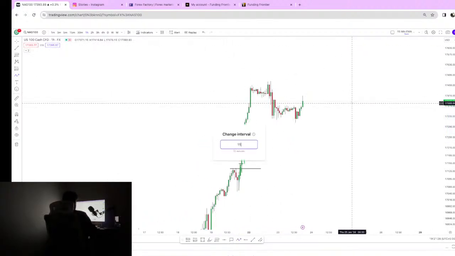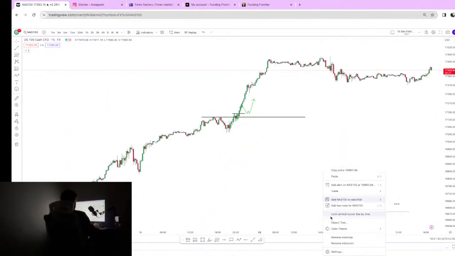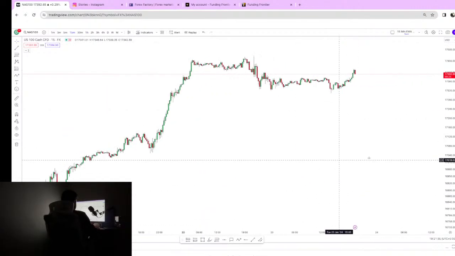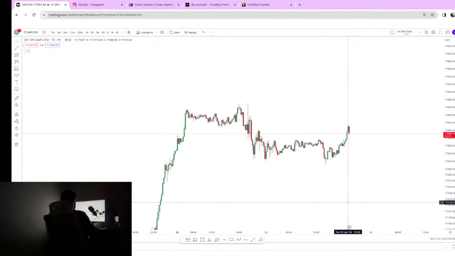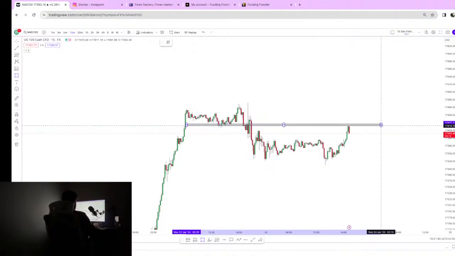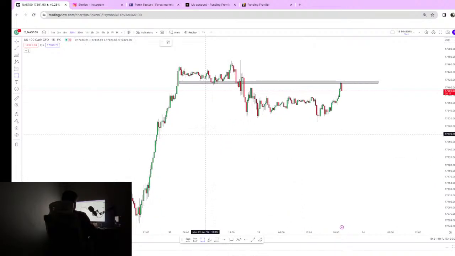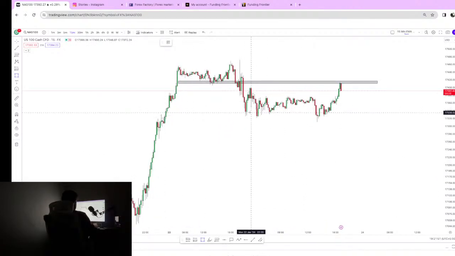Next is our main time frame, 15 minutes, to mark a few levels. First let's clear the previous drawings. We'll mark a few major levels. One is this one, which I think we marked earlier also, from where the market is currently taking rejection. Next is this zone.